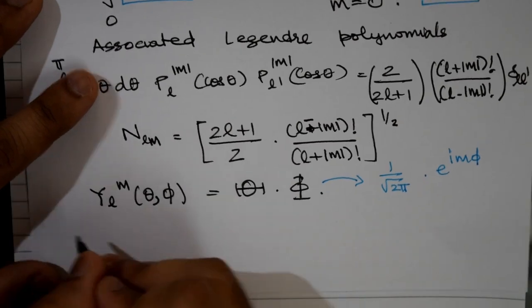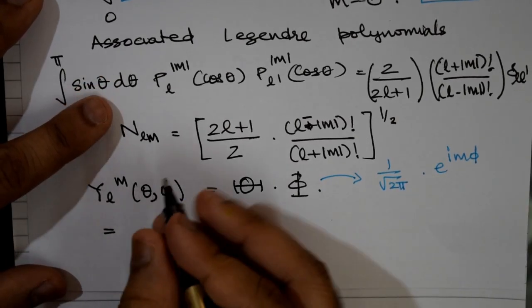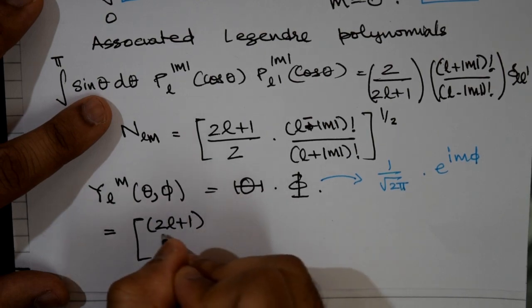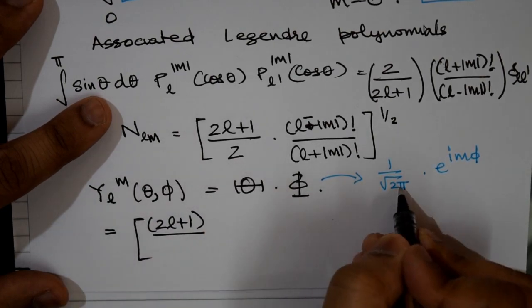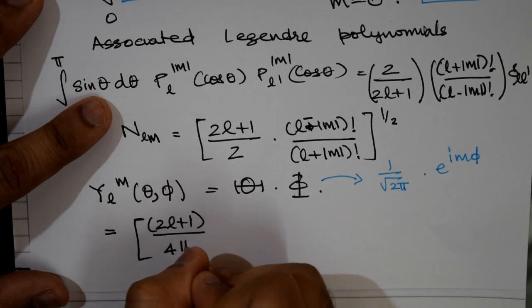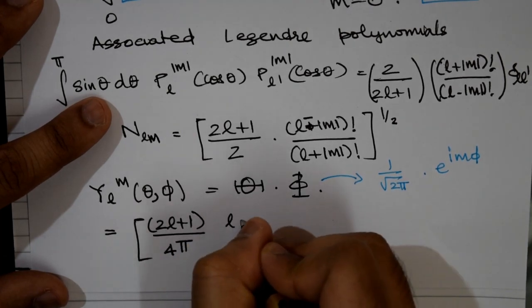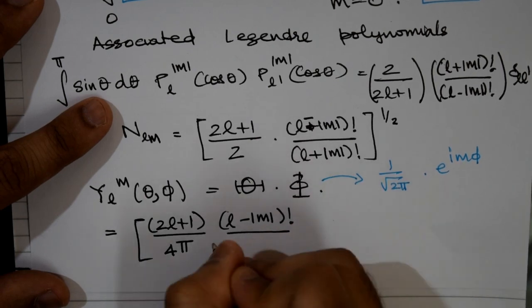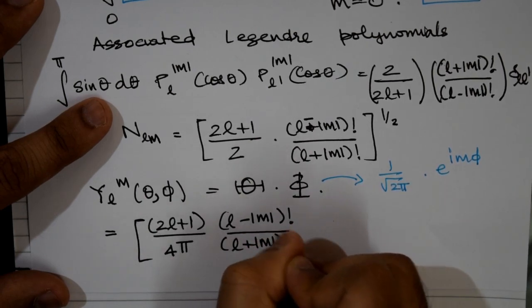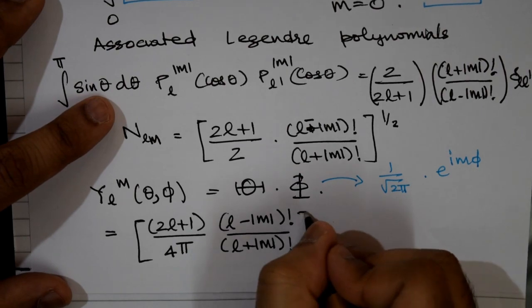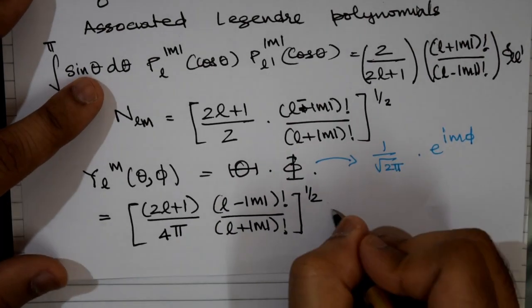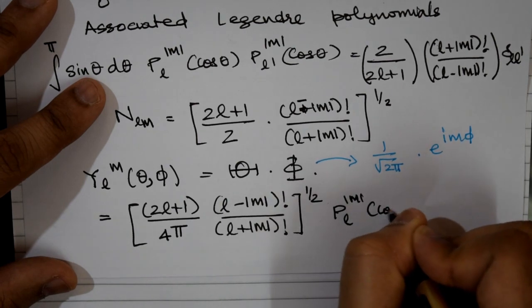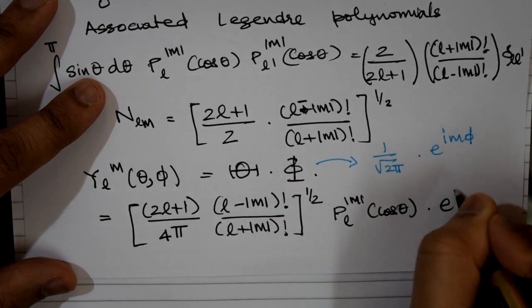So this is going to end up looking like this: 2L plus 1 divided by 2 times square root of 2 pi. All these are under root, so it's going to be 4 pi, L minus mod m factorial divided by L plus mod m factorial, the whole under root, 1 over 2, P L mod m of cos theta, this is the theta part, times e power i m phi.